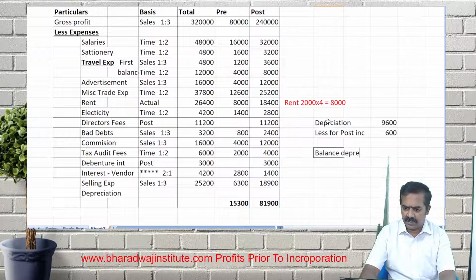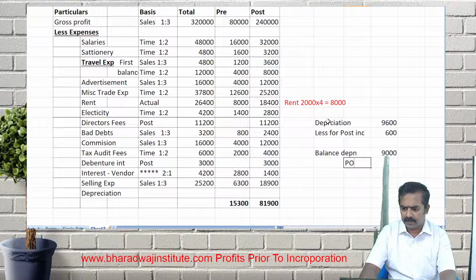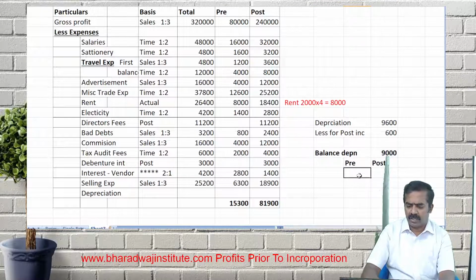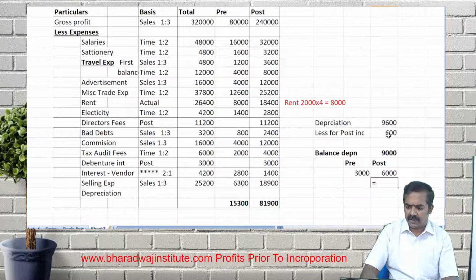Balance depreciation என்ன இருக்கும்? 9,000, this will be apportioned between pre and post incorporation period on time ratio. This 9,000 only will be apportioned between pre and post. 9,000 a time ratio la போட என்ன வரும்? 3,000, 6,000 வரும். And the 600 also will be added here.